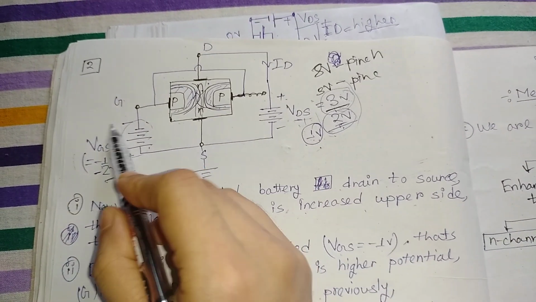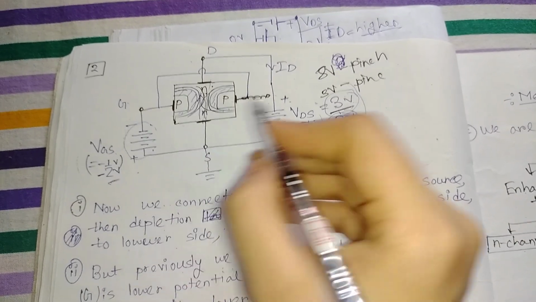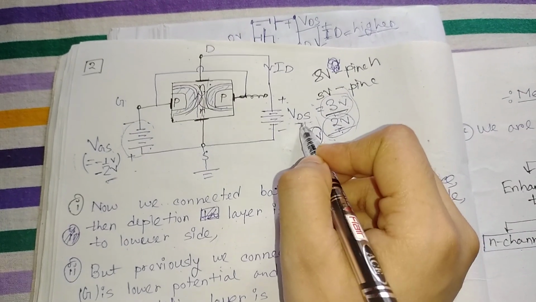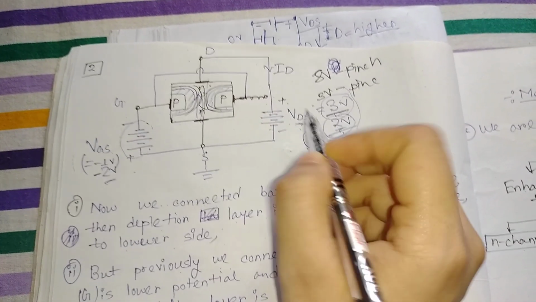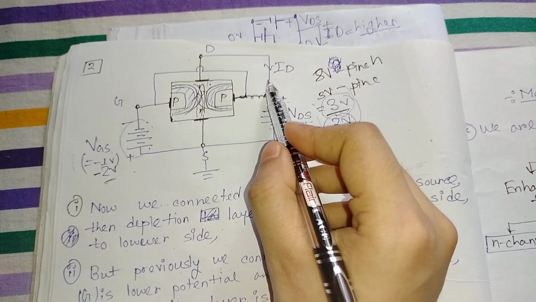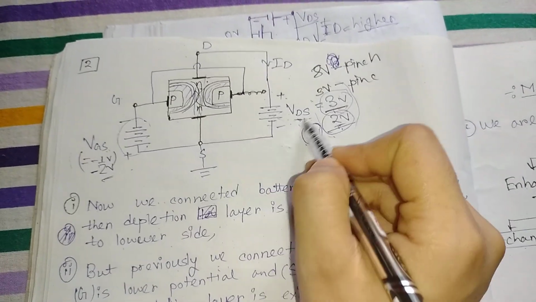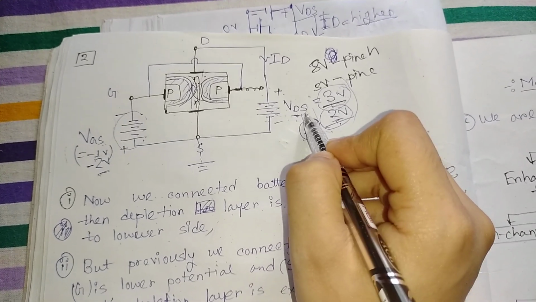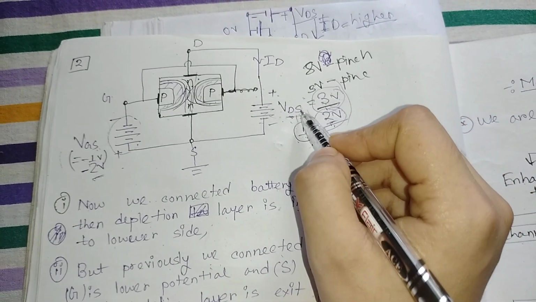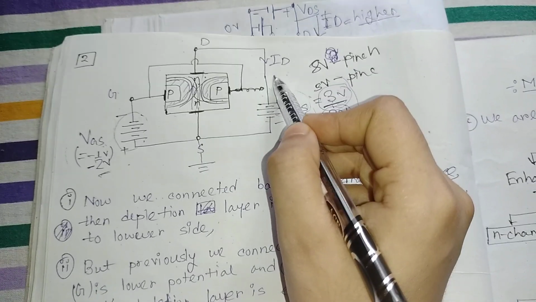Because of the value of VGS, we get an increased depletion layer, and when we apply VDS, ID flows, but ID gets saturated because of VGS before we increase VDS further. So we are not applying a high amount of voltage, just 1 volt, 2 volt or 3 volt. Before we apply a high voltage, we get the pinch off voltage and ID gets saturated.